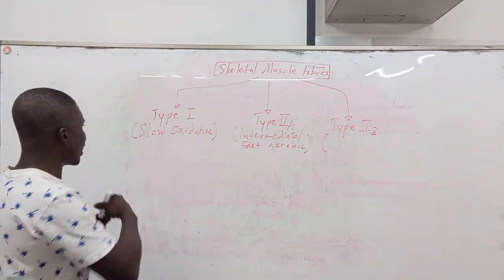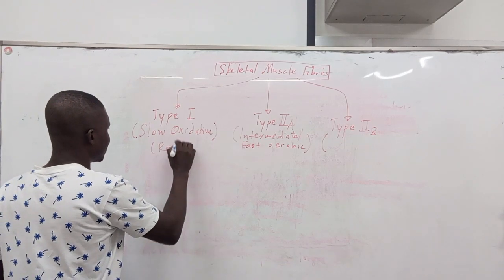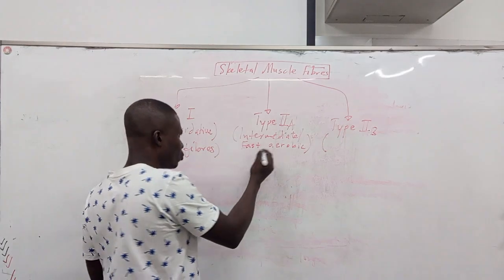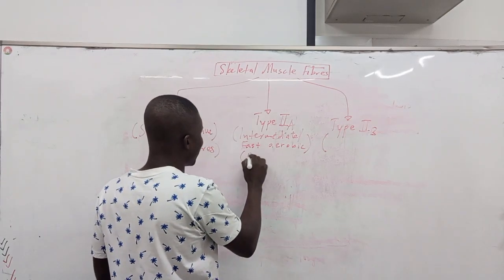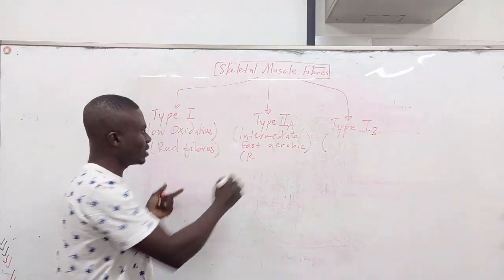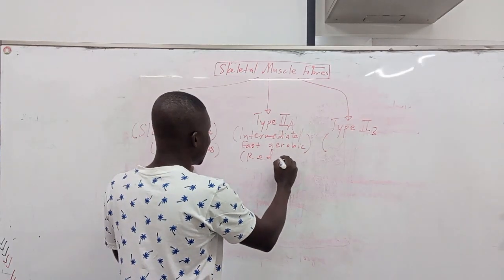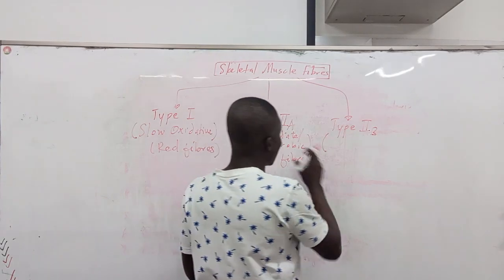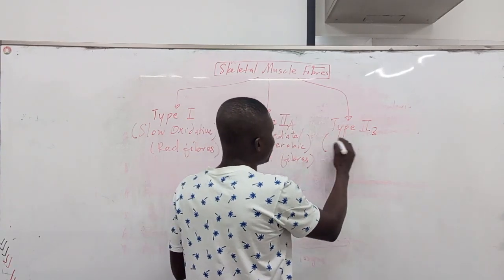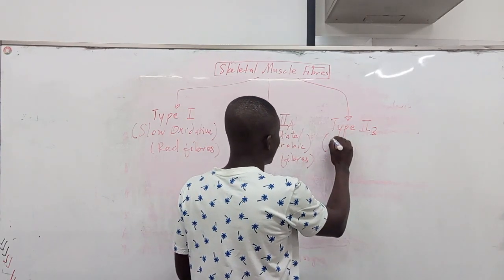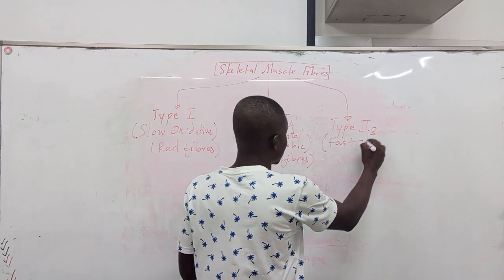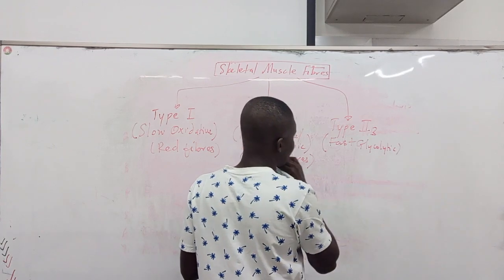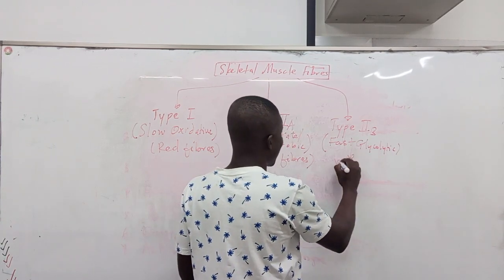For that reason, the type 1, we also call it red fibers. Now this one is also, because it's aerobic, red, but this one will be darker. Dark red. That's why you say it's intermediate. And then we also have the white fibers, which are fast glycolytic. These are the white fibers.